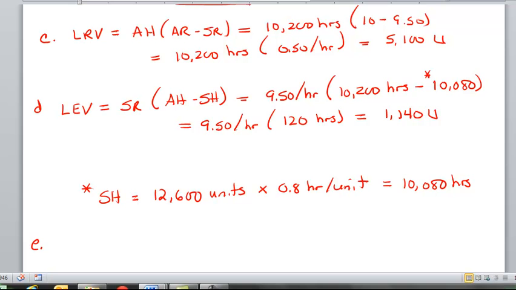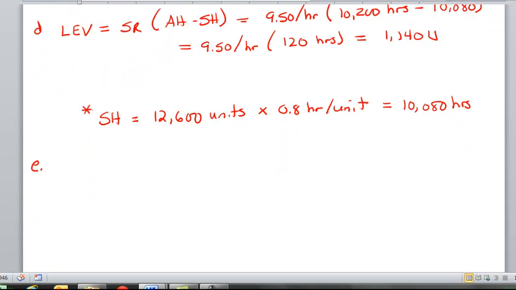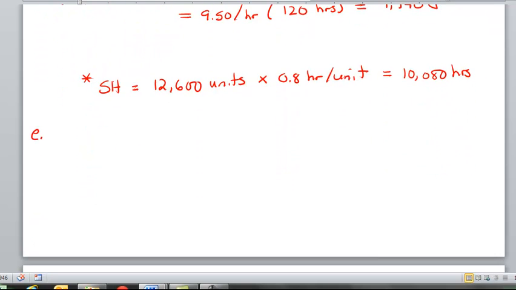Okay. E is our variable overhead rate variance. That is actual hours times actual rate minus actual hours times standard rate.